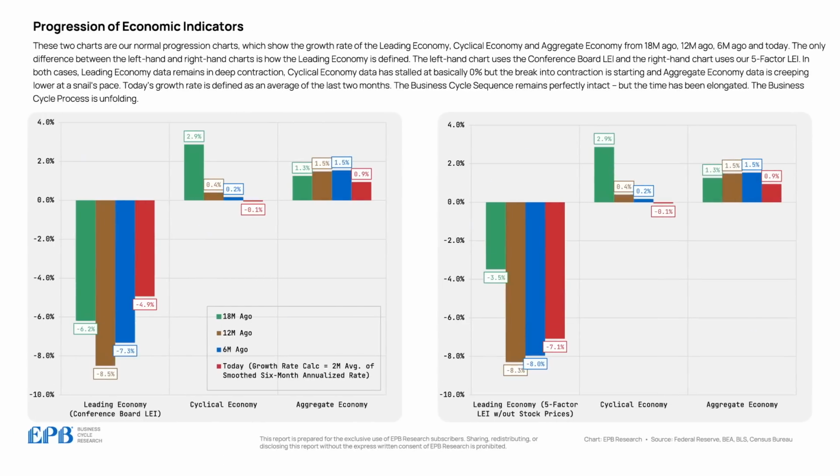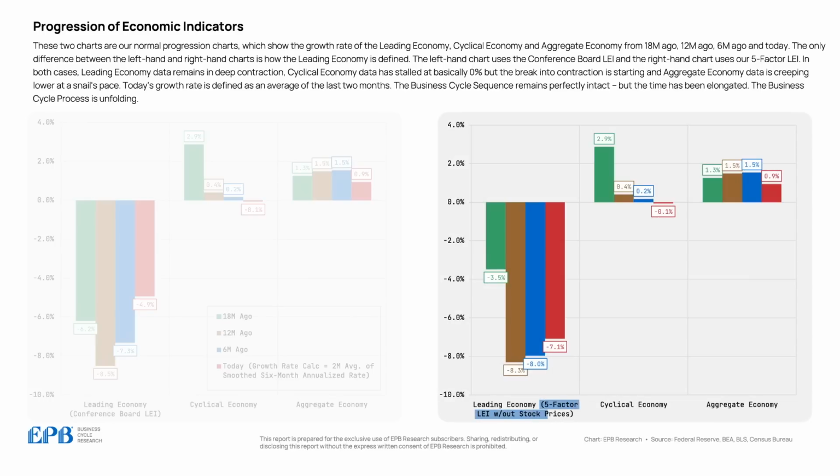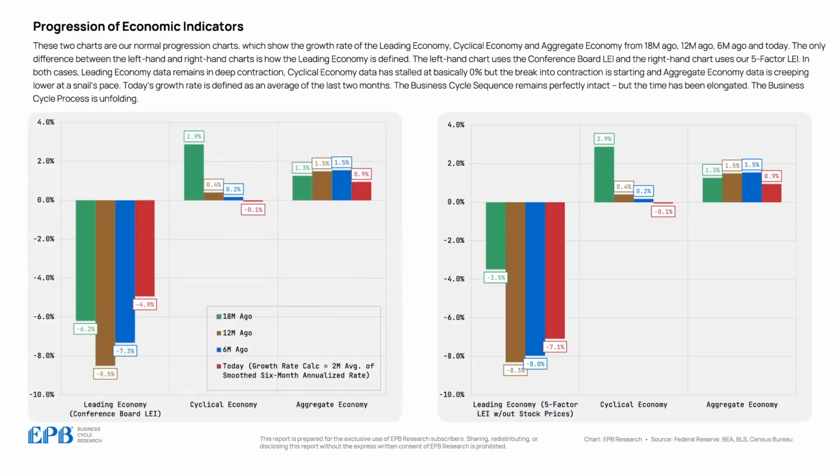I look at what we would call the leading economy, or leading indicators as they're traditionally known. Then I look at the cyclical economy. Then I look at the aggregate, which we defined, and then I look at the lagging economy. Just to quickly run through what's in those, the leading economy generally represents the availability of money and credit, because of course that's what originates the cycle. When money and credit starts to get tighter or easier, that ripples through the sequence.